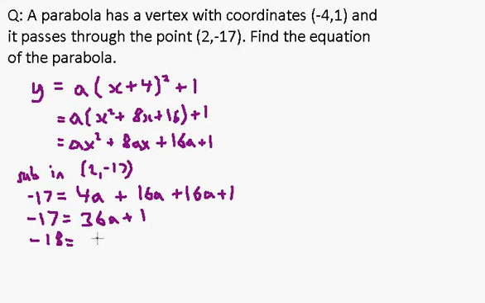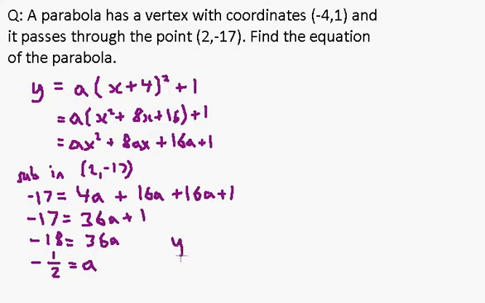So minus 18 is equal to 36a. So a must be equal to minus 18 divided by 36, which is just minus a half. Okay, so I divided both sides by 36. So I've worked out what a needs to be.